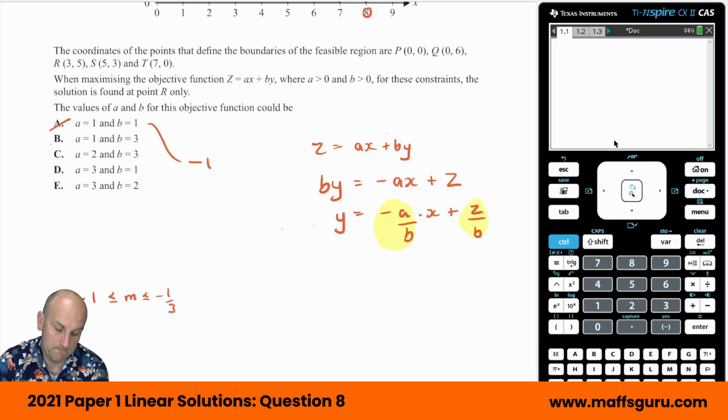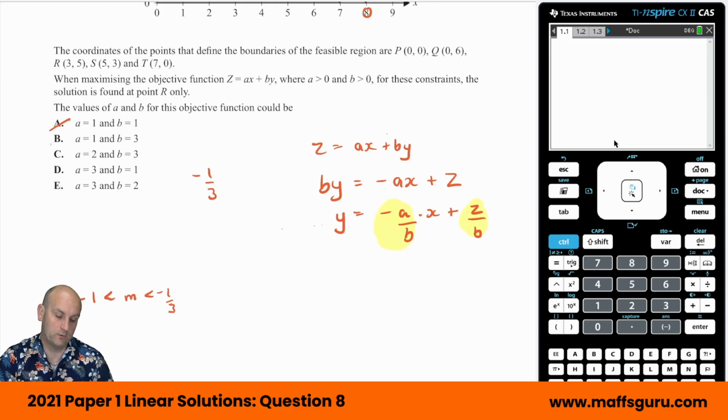Well, that's going to give me -1/3. Actually, I'm going to change that because people will be screaming at me. It's got to be between. It can't even be on those values. -1/3, no good to me.